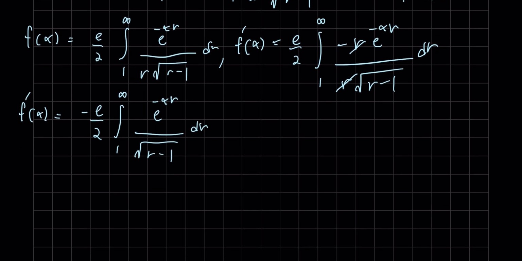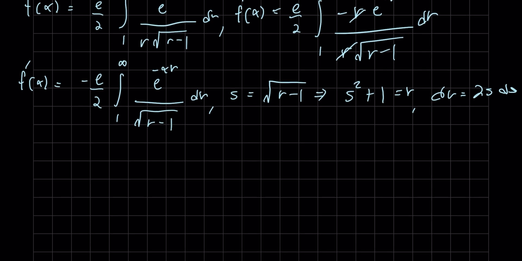And we'll make another substitution, so we're going to let s equal the square root of r minus 1, but that means that s squared plus 1 equals r, and dr is 2s ds. The bounds of integration, s1 will be 0 and s2 will be approaching infinity.